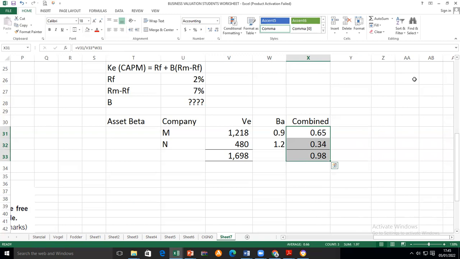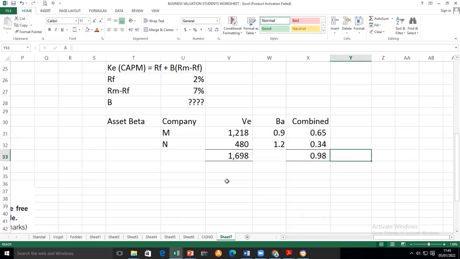We use that to now calculate the equity beta. What is the word? I'm looking for the word. That nice word, what is it called? Regearing. Regear. Why do we have to regear? What's the reason for regearing? Why don't we just use this one the way it is?